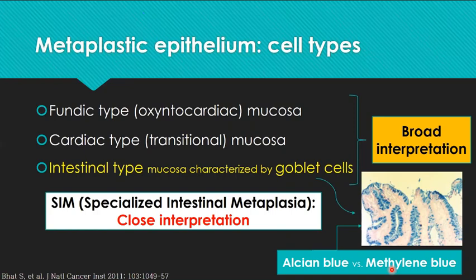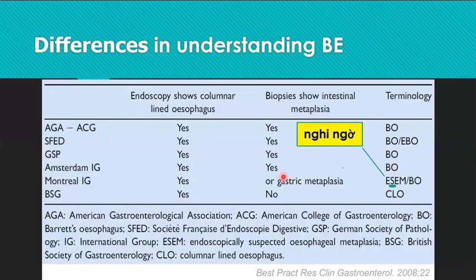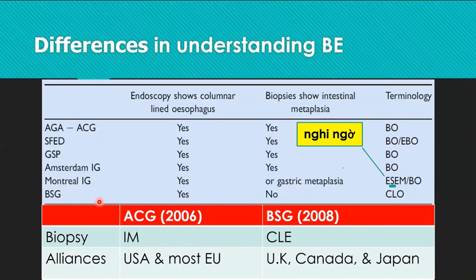However, in a lot of countries we haven't been unified in terms of the definition of Barrett esophagus. For example, Americans strictly ask for intestinal metaplasia, and most European countries also follow that. However, columnar-lined epithelium doesn't require intestinal metaplasia. Japan follows that 100%, and many parts of the UK and Canada also follow it.